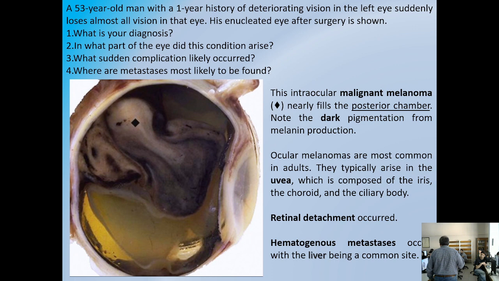Why is it the liver though? The liver takes hematogenous metastasis from all malignancies. Probably it's not just a matter of blood supply, because the spleen also has increased blood supply.